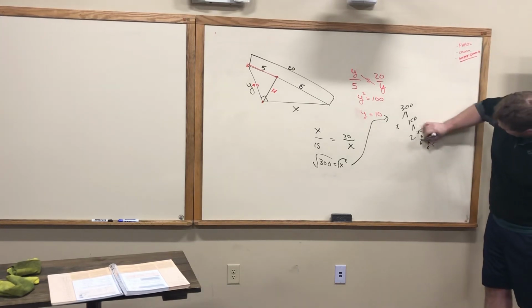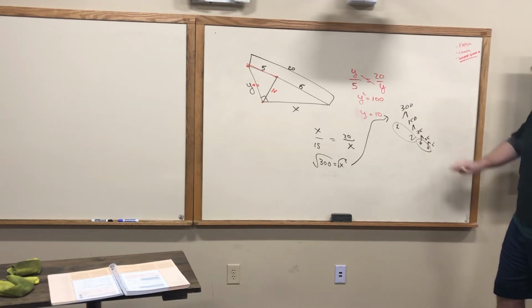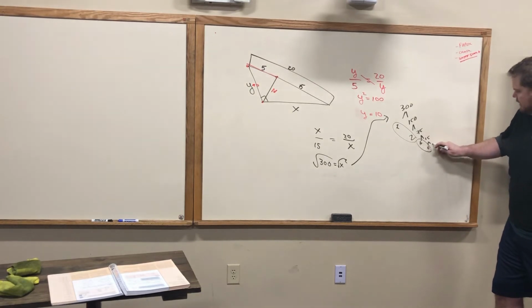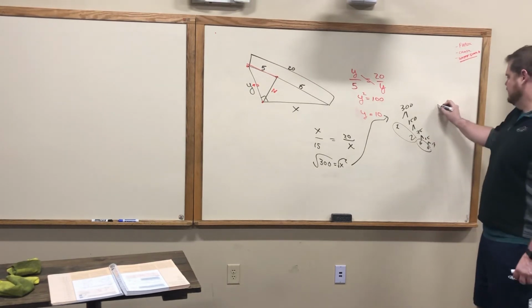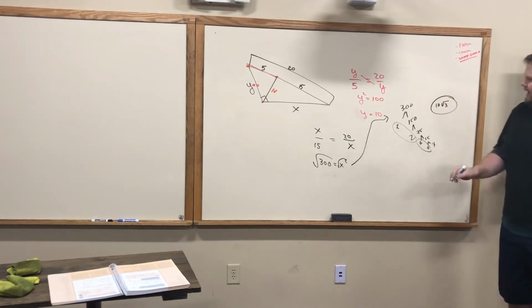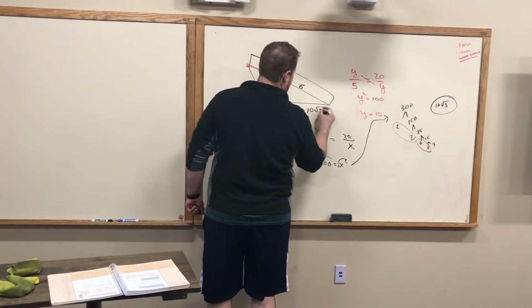So I take out my sets of twins, 5s and 2s. What are we left with? 10 to the square root of 3. So x is equal to 10 times the square root of 3.